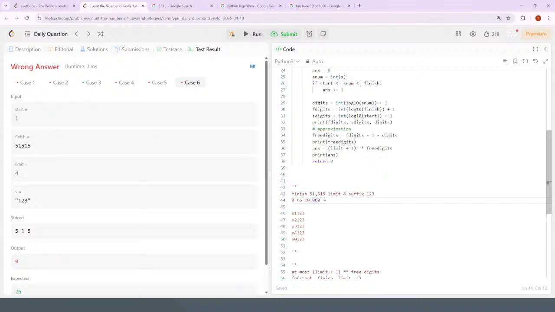So it's like a conditional, not independent counts. It's conditional counts. So the number of ways you can do the first digit.